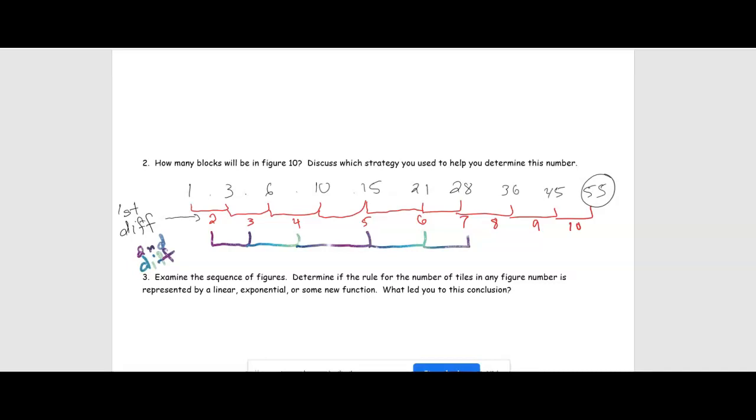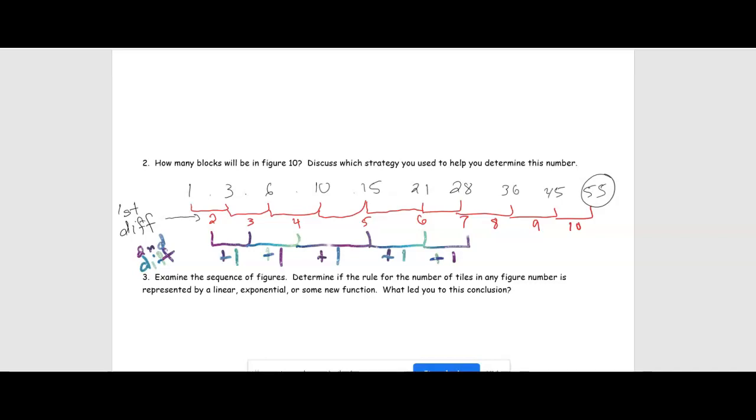The second difference increases by 1 here. It increases by 1 here. This is what Andrew was saying when he said he saw that those are increasing by 1 every single time. Increasing by 1, and then increasing by 1. So while we don't have a common first difference, which is what you would have been looking for last year, what we do have is a common second difference, and that common second difference is a 1.